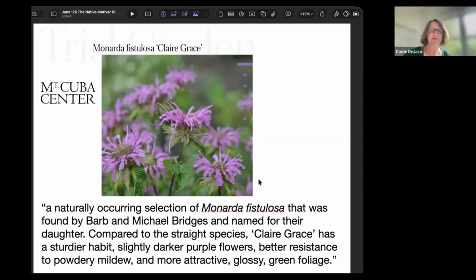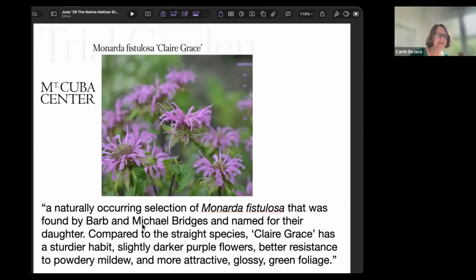Okay. So with this one as well, these people found a plant that they really liked. They found it outside growing. They found that this one plant, this one individual, was sturdier. Its flowers were slightly darker purple. They took that back to their home, their landscape, their nursery, wherever. They started cloning that plant, growing more of those plants.